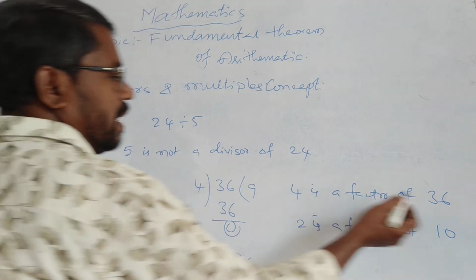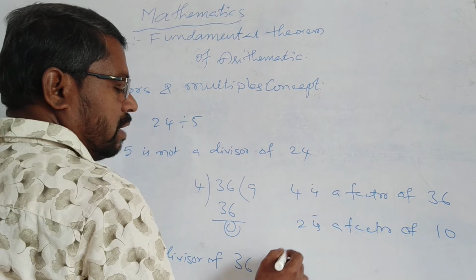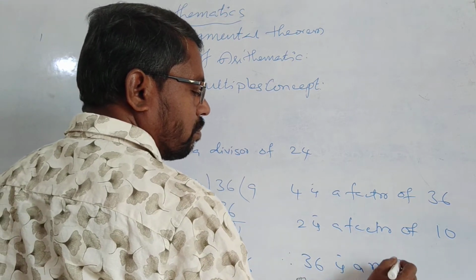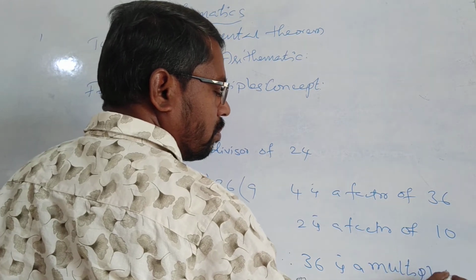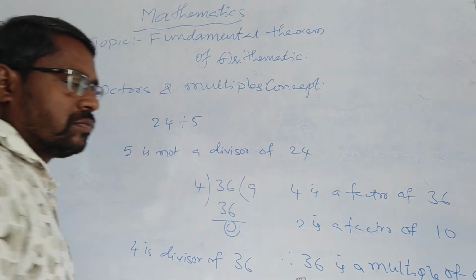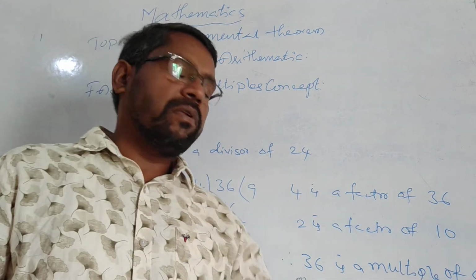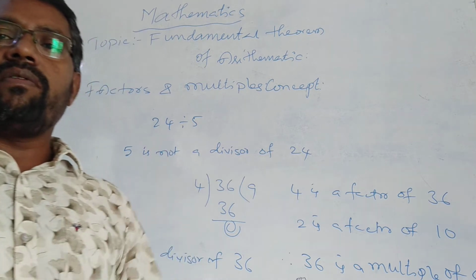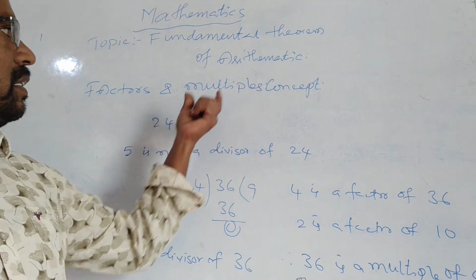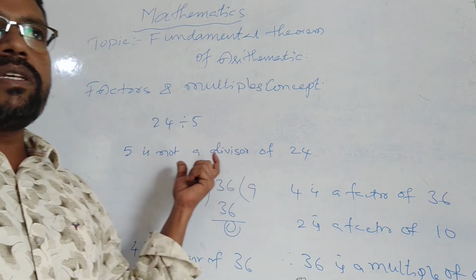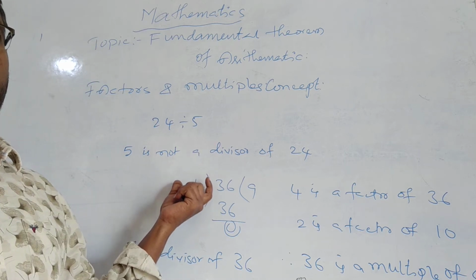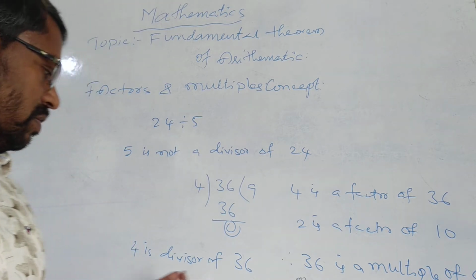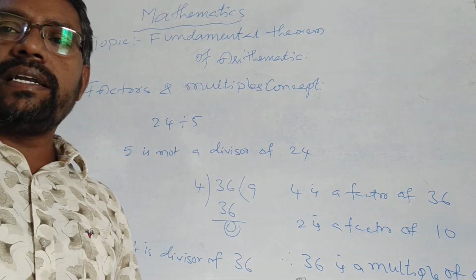4 is a factor of 36, but we can say it another way: 36 is a multiple of 4. 36 is not only a multiple of 4, it may be a multiple of other numbers also. Factor means it must divide the given number perfectly, that means the remainder is 0, which is exactly a divisor.